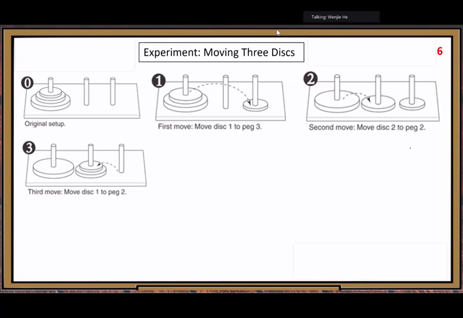Is that the size 2 solution? Yes, we applied the size 2 solution, right? Because if you ignore the bottom disk, we just solved the size 2 solution. So that's the starting point of our new size 3 solution.